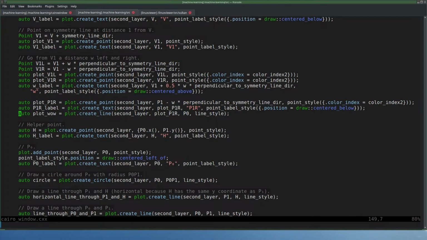And we begin actually with another connector, which I call W. There it is. Create text, V1. Where's the connector?